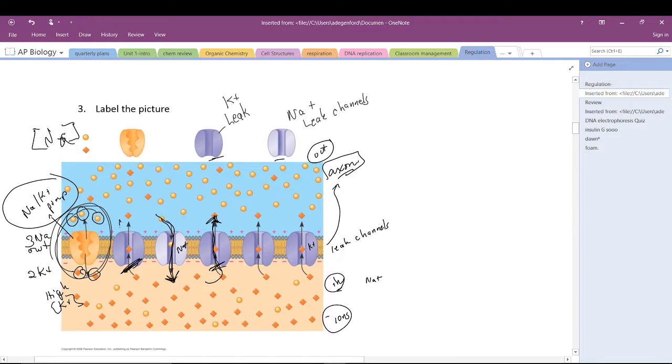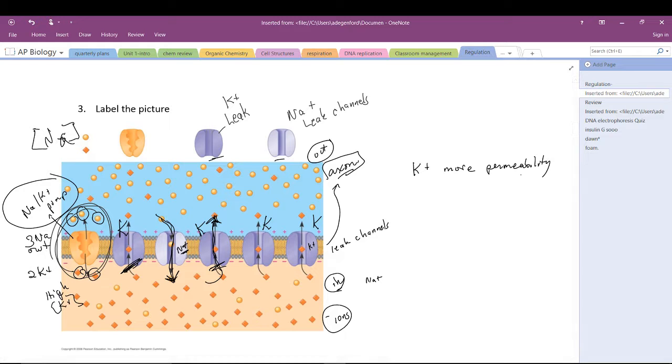And so notice you do have more potassium. This is a potassium leak channel. This is a potassium leak channel. This is a potassium leak channel. This is a potassium leak channel. And so here's our only sodium. So potassium is far more permeable. And we see that because there are more leak channels in the membrane. So more potassium ions can leak out.